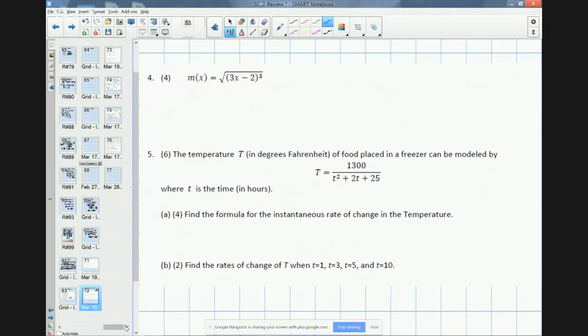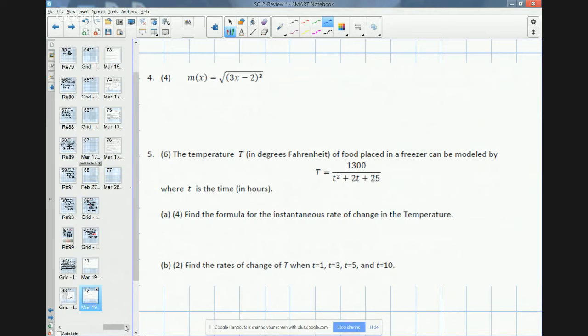So on number 5, we're given that the temperature T has this equation based on time, for how the temperature drops the longer food is in a freezer.